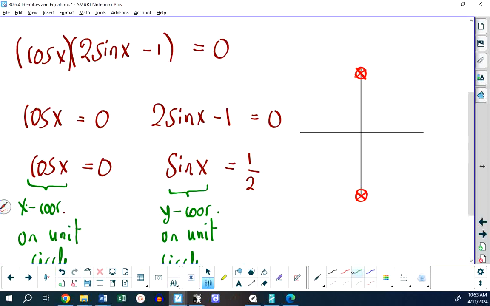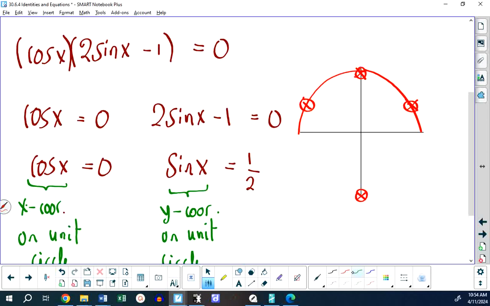Where is the y-coordinate 1/2? Well, the y-coordinate is 1/2. I'll just draw an arc here so you get an idea of what I'm talking about. The y-coordinate is 1/2 here, and on the other side, here. You can draw a circle, you can draw part of a circle, you can visualize it in your head.